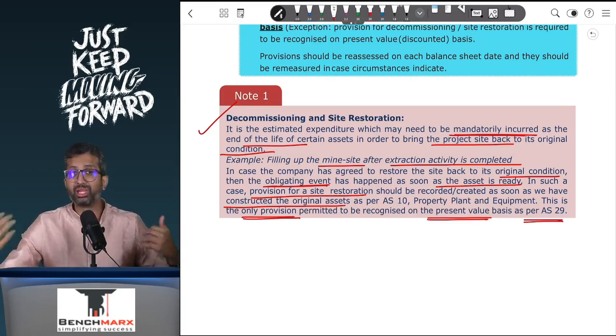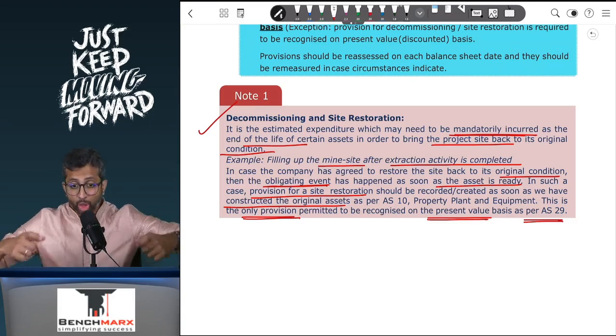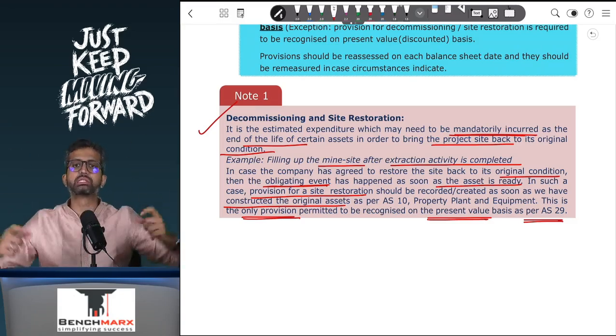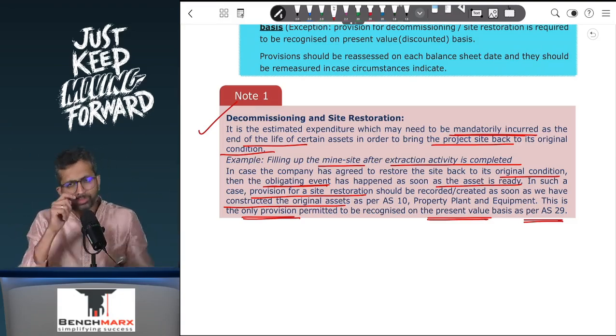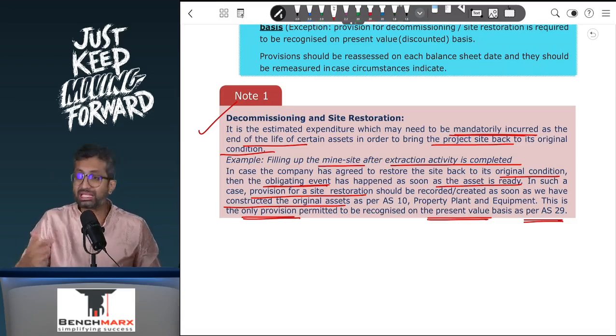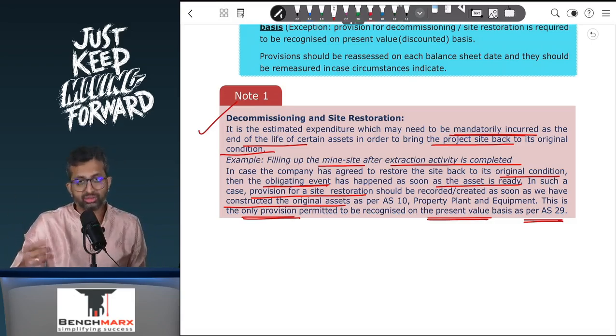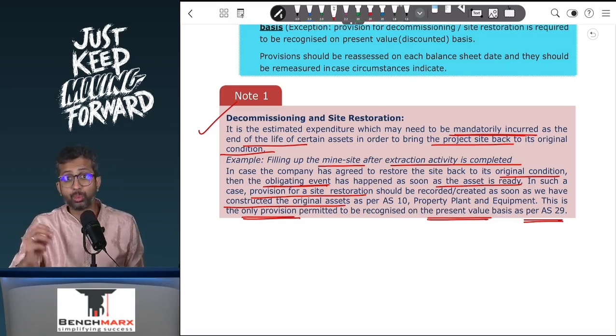Or if you have to replace, let's say, a part, that obligation arises after 5 years. But when you do a site restoration, the obligation to dismantle arises the moment you construct it. Remember, this is a little confusing and taxing, but the obligation exists the moment you construct it. Even if the next day you decide that you don't want to use it, you will have to dismantle it. Similarly, warranty obligation arises the moment you sell the goods.